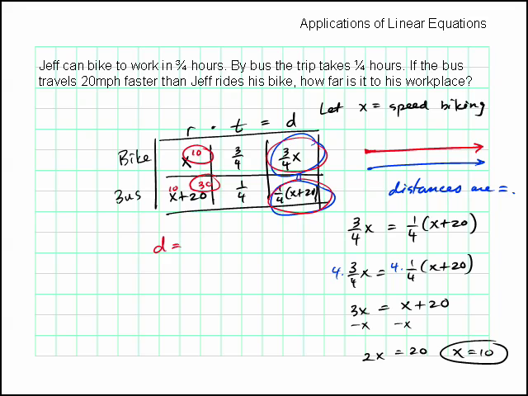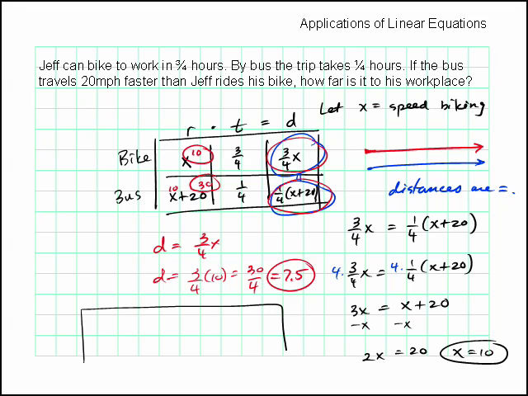The distance is 3/4 x, but the x is 10, so 3/4 times 10 is 30/4. If we simplify that, we get 7.5. And so the answer is the distance to work is 7.5 miles. There's our problem.